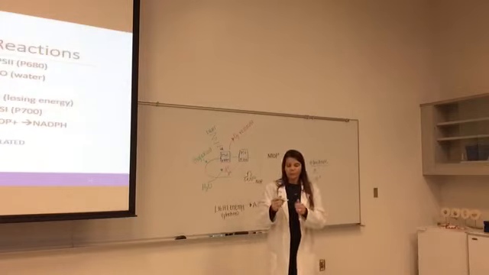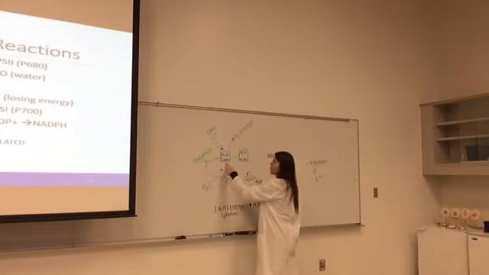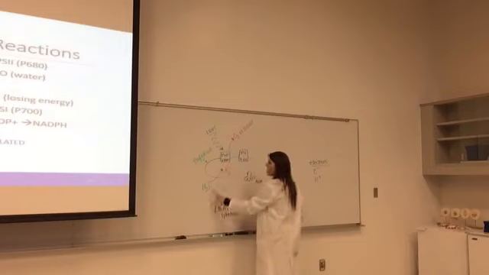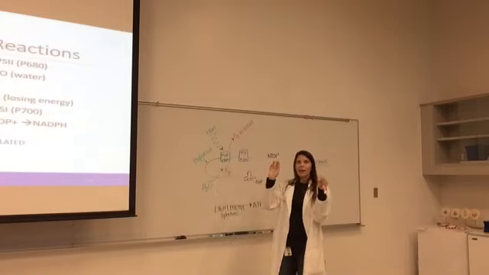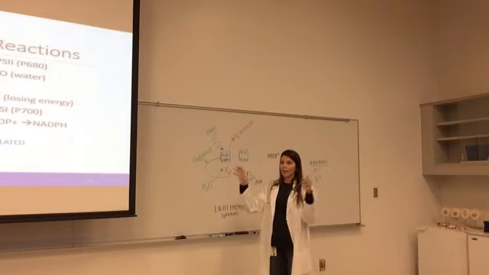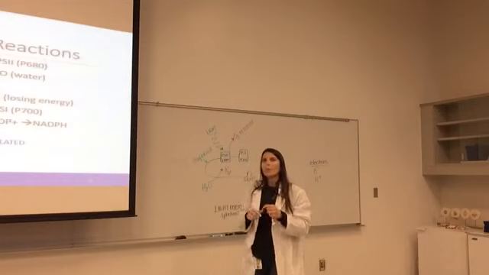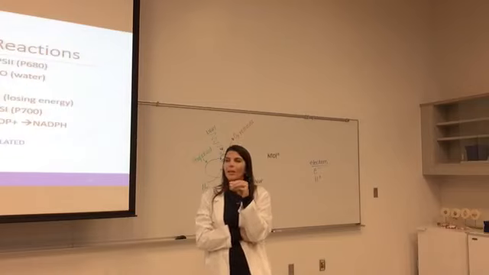Okay? So the first thing that happens is that photon of light hits photosystem 2, and it takes this water molecule and splits it into oxygen and hydrogen. So I have my electrons. Do you remember the term for split? We've used this before. When you take something and you split it.